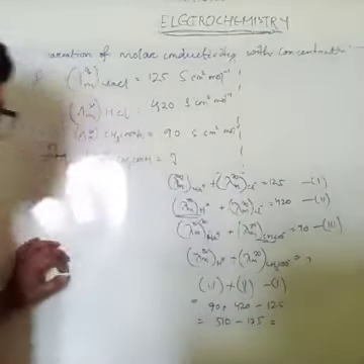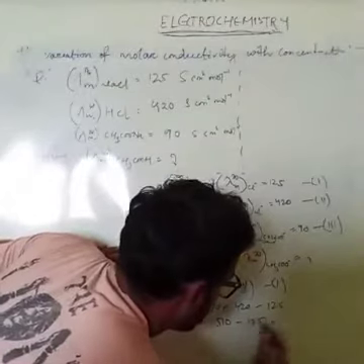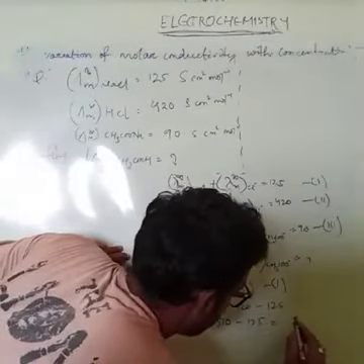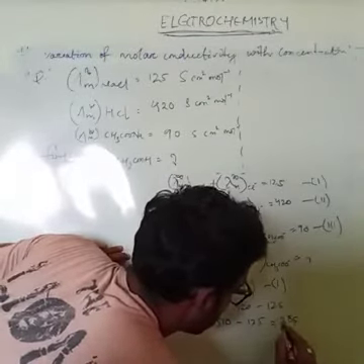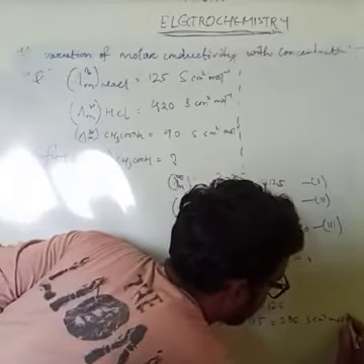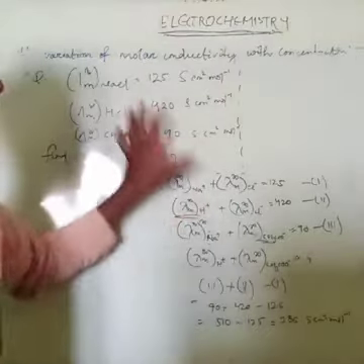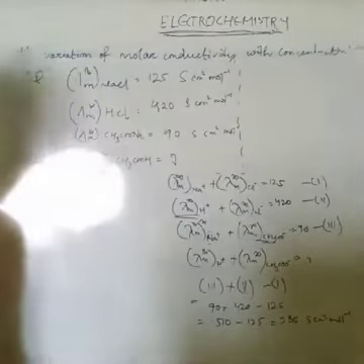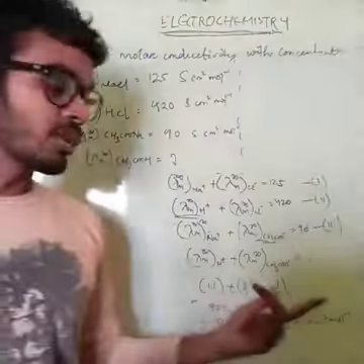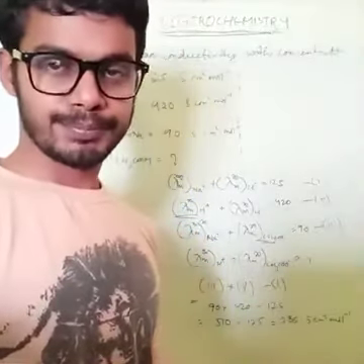Your answer is how much? 385 Siemens centimeter square. This is how you need to solve the problem. Very easy. And remember, I'll give some more questions on it. Next we'll go to the electrolytic cell. Thank you.